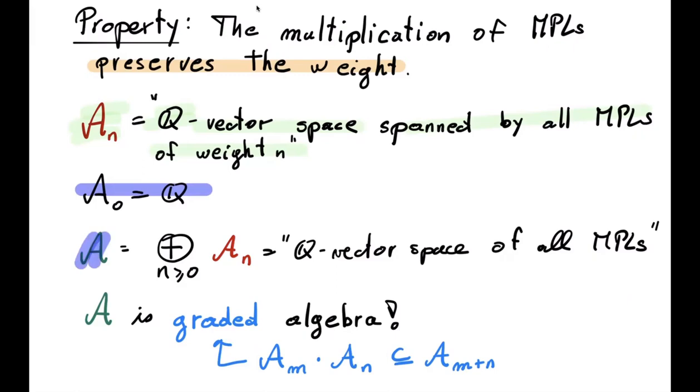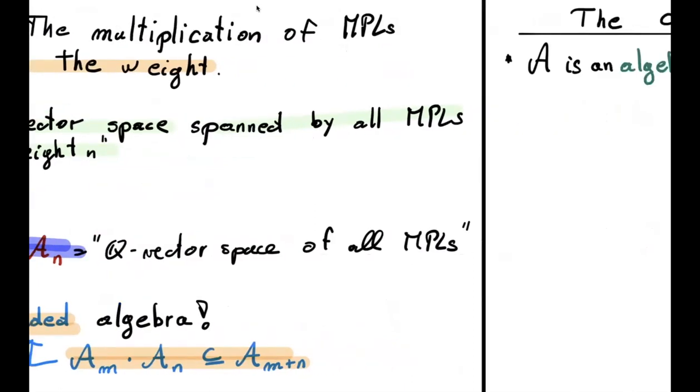And I define A to be the direct sum of all of these spaces. So you can think of that as the vector space of all polylogarithms. Saying that the multiplication preserves the weight means mathematically to say that A is a graded algebra. If you look at textbooks, this is often expressed in this statement. So polylogarithms form a graded algebra.